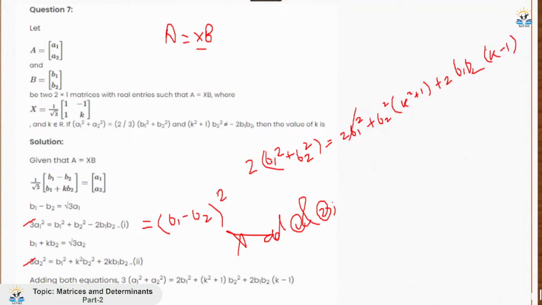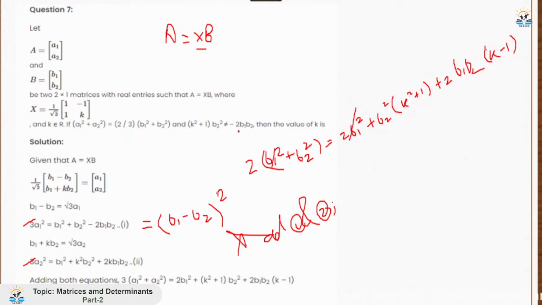From here 2b1 square will cancel and you will be left with this equation: k square minus 1 times b2 square plus 2b1 b2 times k minus 1 equal to 0. So from here either b2 is equal to 0. This is one case.